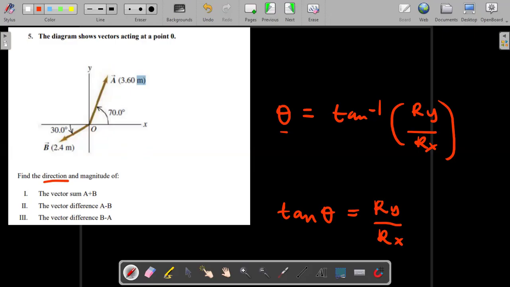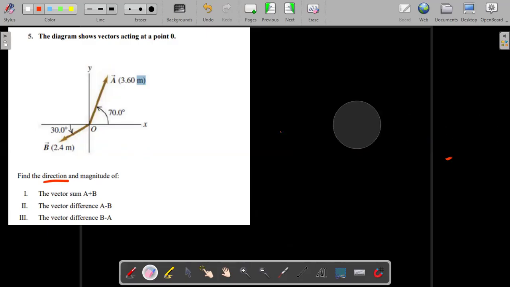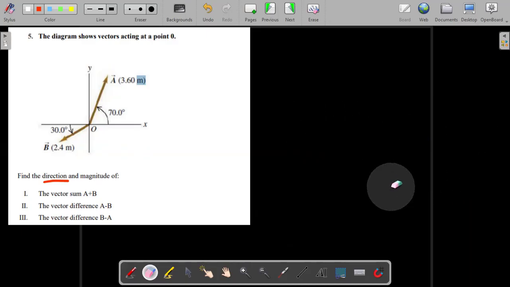All right, so now let's go directly and begin to solve this question. They're telling us we must find the direction and the magnitude. The magnitude is the size, and the direction is the angle.